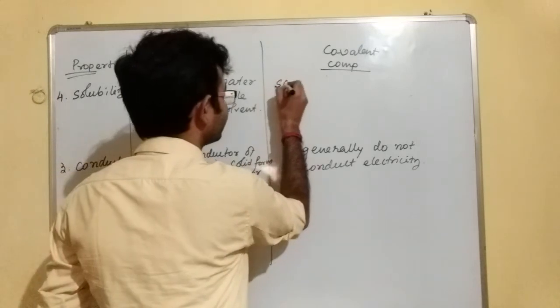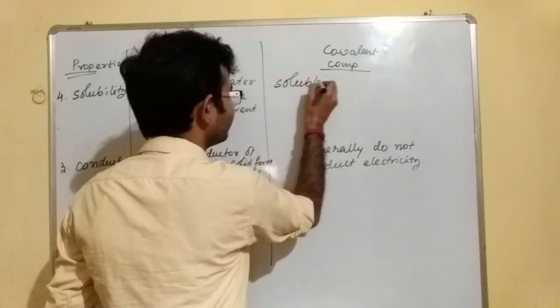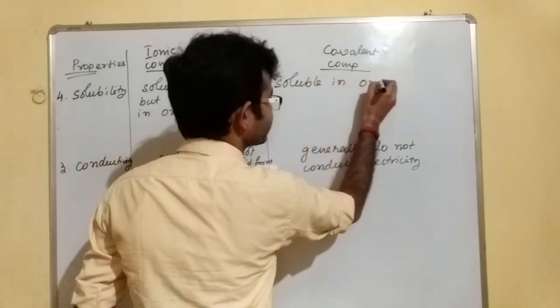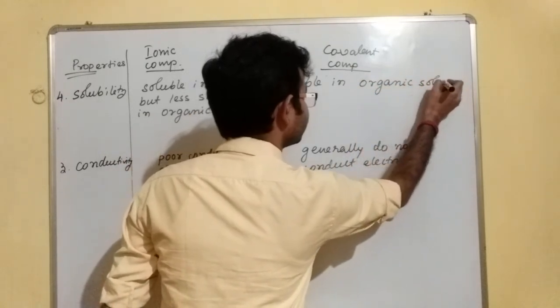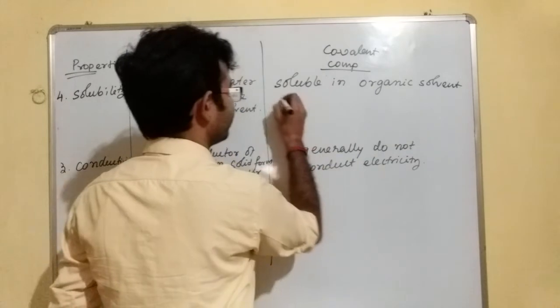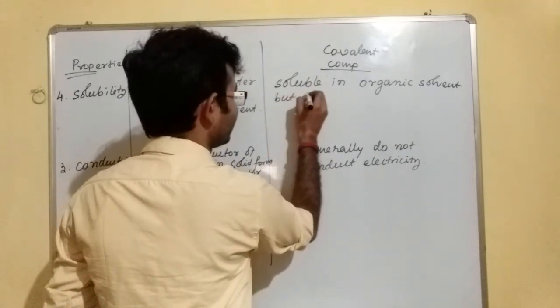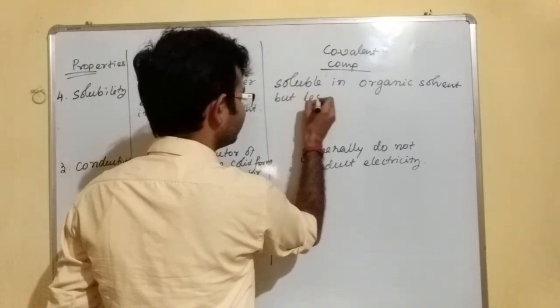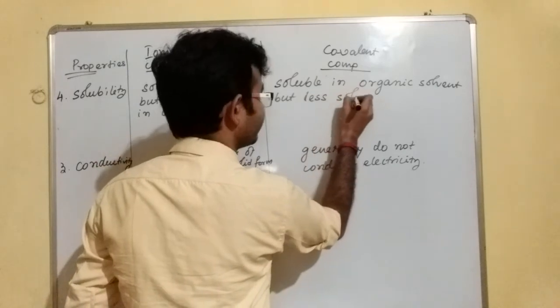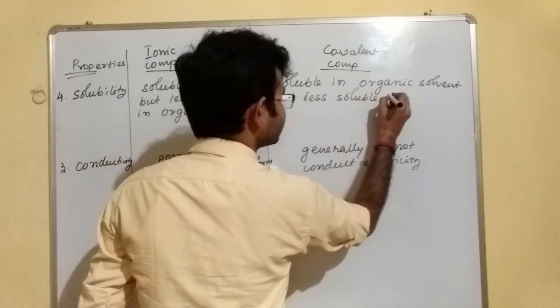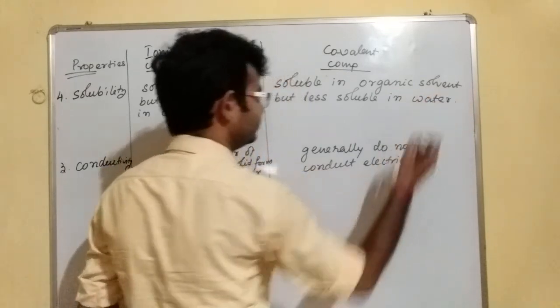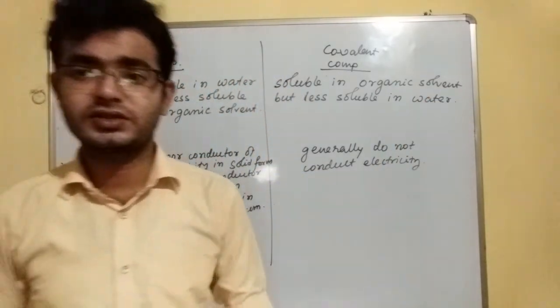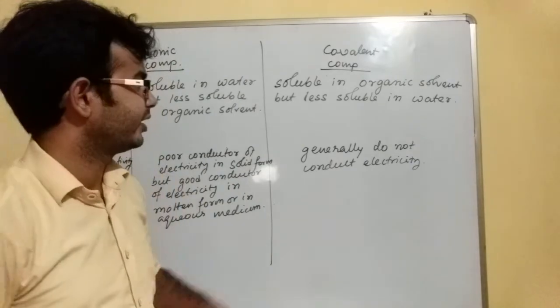Okay. Covalent compound is soluble just opposite of this, in organic solvent, but less soluble, sometimes insoluble also, less soluble in water. Inside the book it is written insoluble, but I am writing here less soluble.